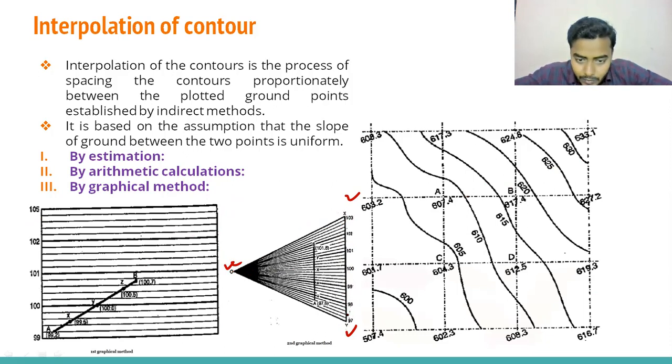In this case also, each division is showing 0.2 meter. Every division, just draw a line from O. Now suppose a line AB, where the elevation of A is 97.6 and B is 101.